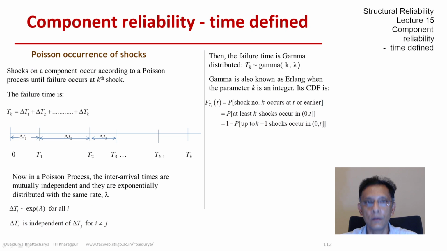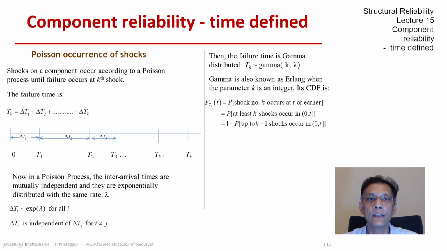By definition, the CDF of tk evaluated at small t is the probability that shock number k occurs at time t or earlier. We can restate that as the probability that at least k shocks occur in the interval 0 to t.